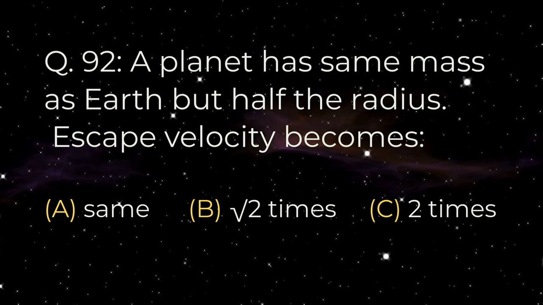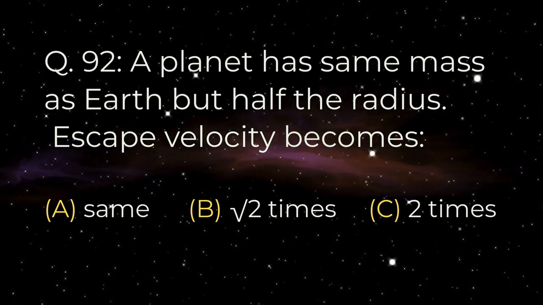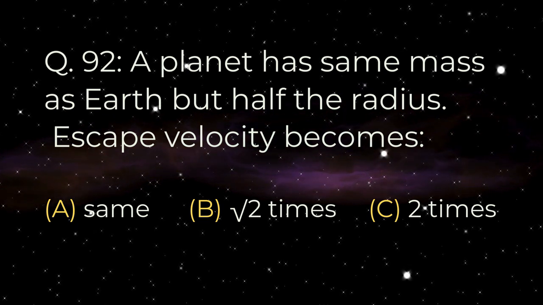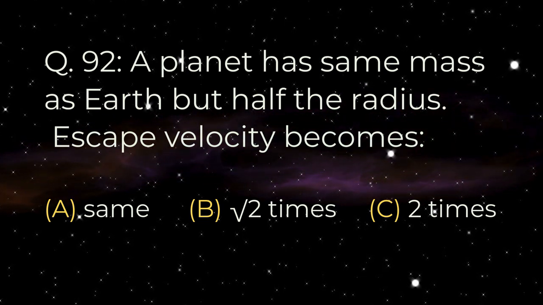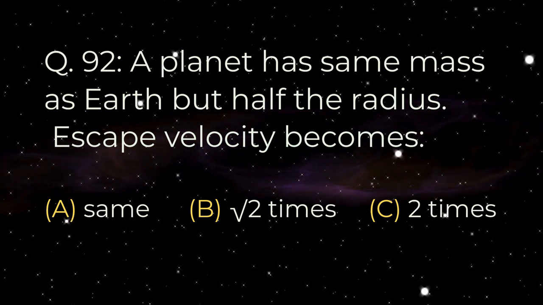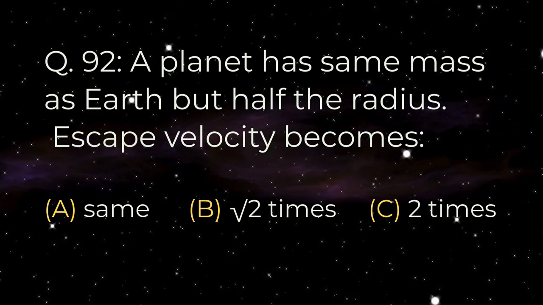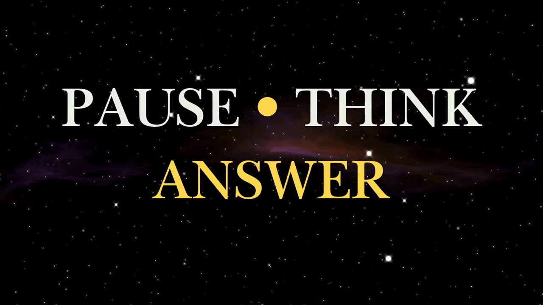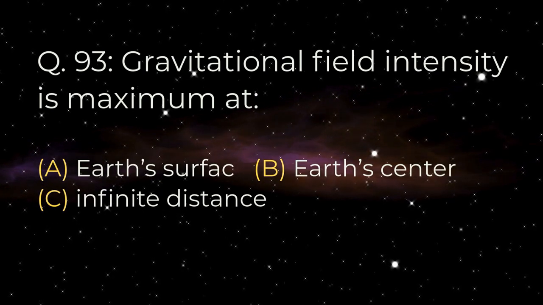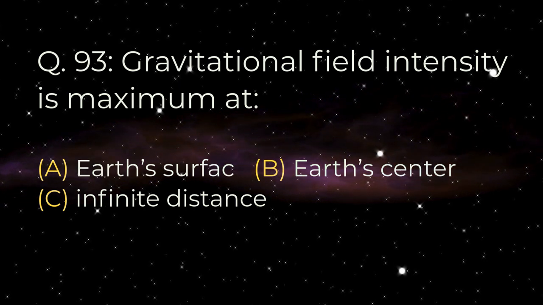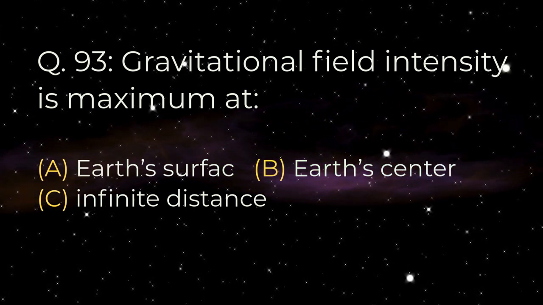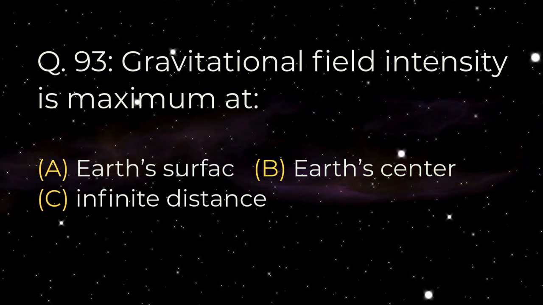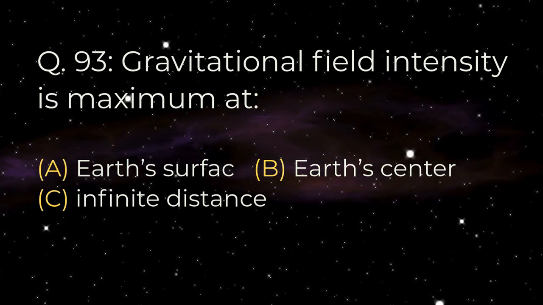Question 92. A planet has the same mass as Earth but half the radius. The escape velocity becomes: option A, same as Earth; option B, root 2 times; option C, 2 times. Question 93. Gravitational field intensity is maximum at: option A, Earth's surface; option B, Earth's center; option C, infinite distance.